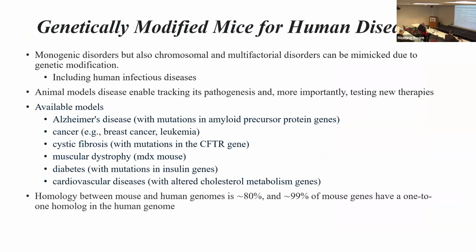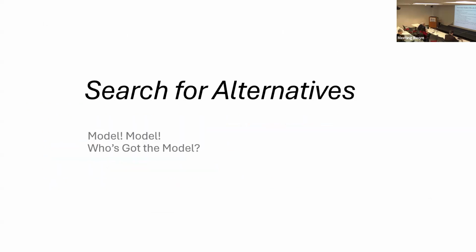And you notice the homology between the mouse and the human gene is pretty good. And 99% of the mouse genes have a 1-to-1 homology in the human gene. So there's really a lot that can be learned still from animals. And I would suggest to you that we're maybe not as close to that no animal use as we hope we would be.